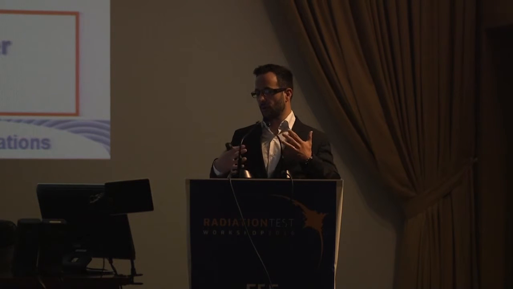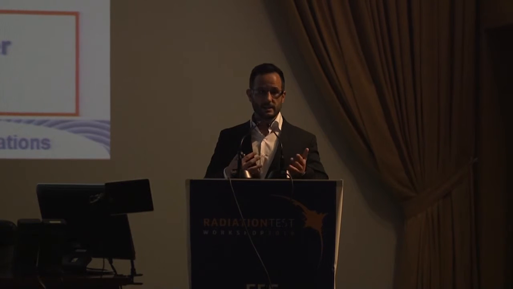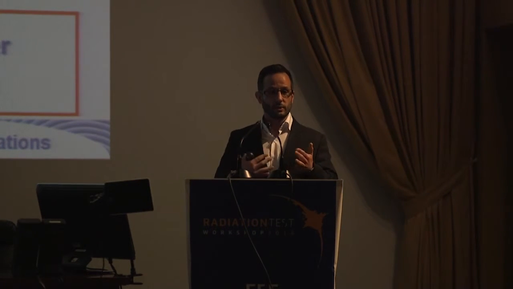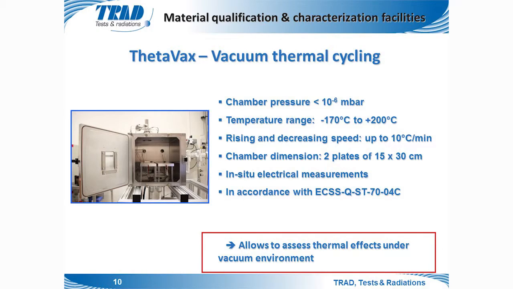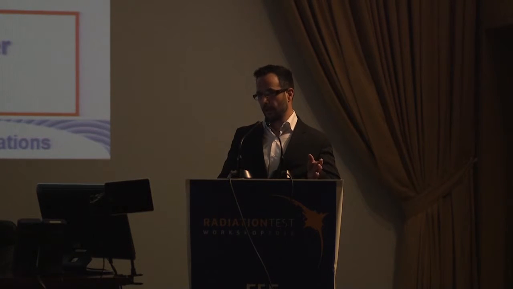The dimension of the chamber is quite bigger because it is constituted by 2 plates this time. Each plate could be used separately to perform 2 different tests at the same time, but can also be used both together in order to test bigger samples. Of course, we can make in situ electrical measurements, and you can perform tests in accordance with the norm. This equipment allows to assess thermal effects in the vacuum environment.